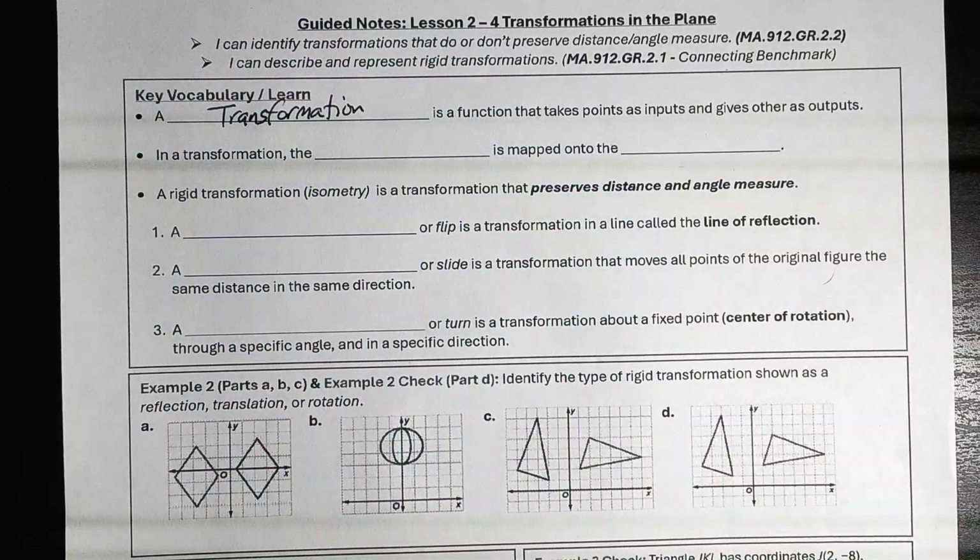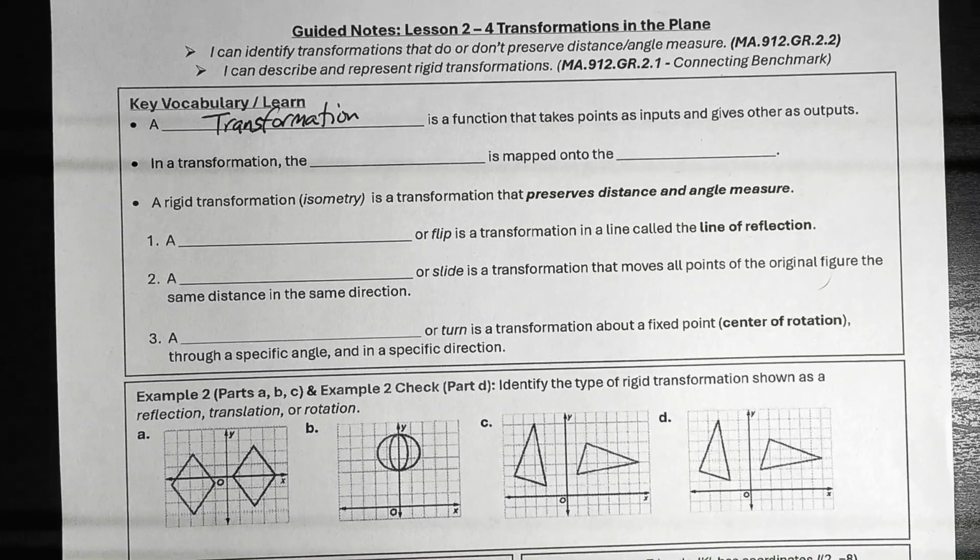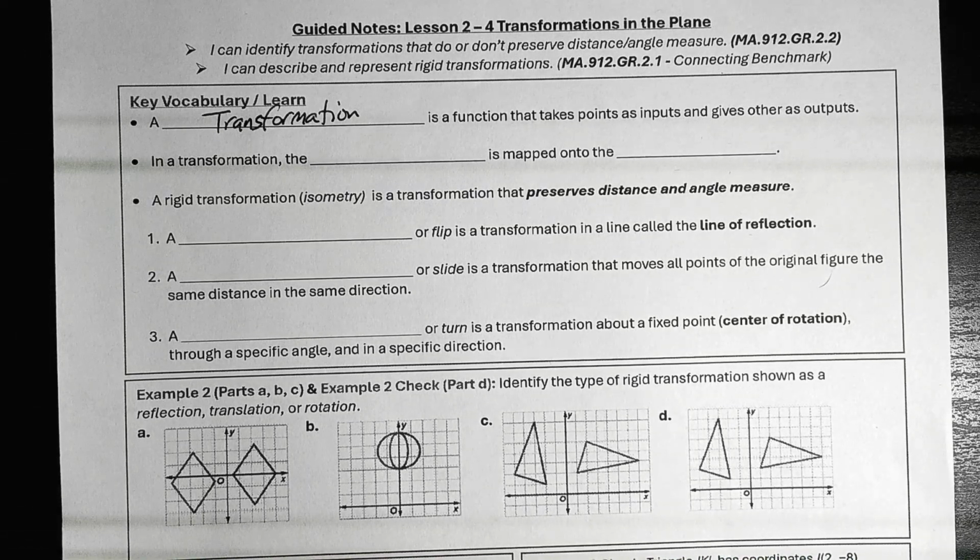Okay, so a transformation is a function that takes points as inputs and gives others as outputs. So the problem will give you a set of coordinates, those are the inputs, and the answer you give is the output. So that's after we do these rules. Now, the notes do not have those rules, but I've printed up a reference sheet.